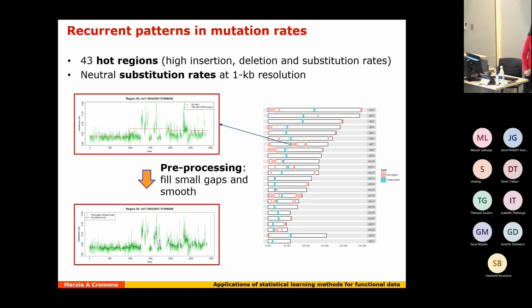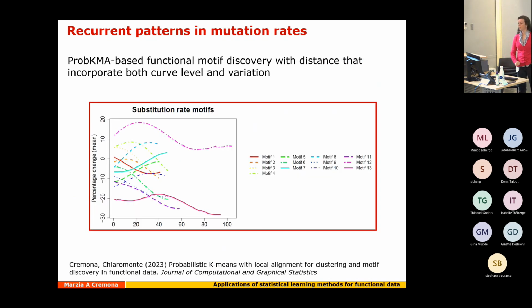Well, there was a lot of pre-processing, but I can probably just go to the results. We applied the methodology for local clustering and functional motif discovery, and we were able to find 13 different motifs of different lengths in these hot regions. These are the shapes that we found that are repeated in different parts of the genome. There are 2 of these that are particularly interesting. The first one is the one up here.